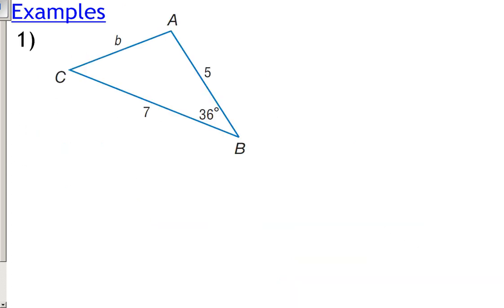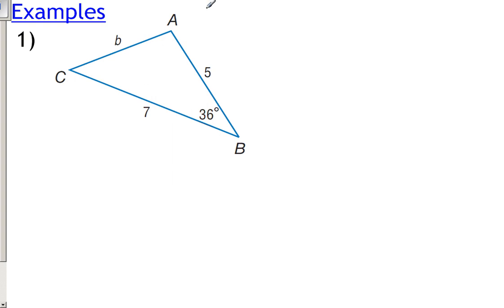Okay, let's get going with one example right here. In this first example, we're trying to figure out what this side across from the 36-degree angle is. Let's jump through this checklist of methods. This is probably not a right triangle. If we look for law of sines, we have an angle and the side across from it, but we don't have an angle to go with either of the other two sides, so we can't really use law of sines here.